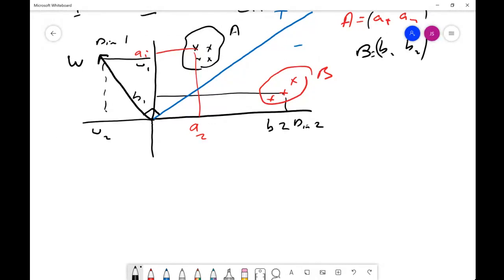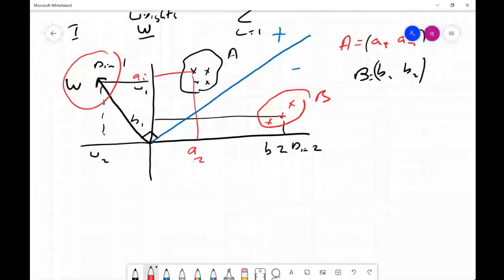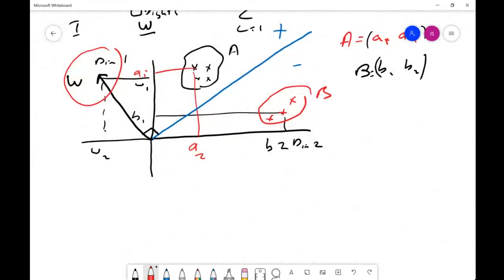We're defining one weight vector, which will define the decision surface, and it will separate the positive from the negative response. So if I have an unknown pattern, let's take pattern X there, there is the vector point.